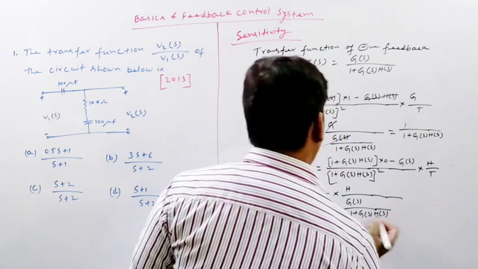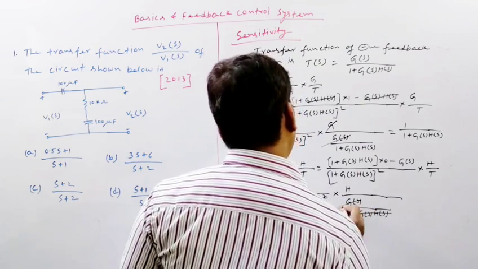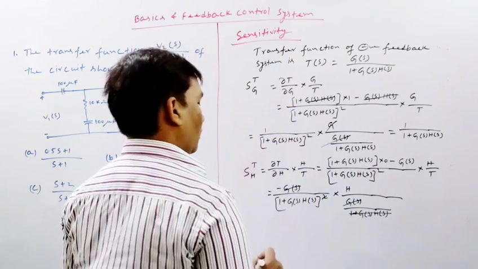So this 1 + G(s)H(s) will go in the numerator and cut one power, and this G will cut this.